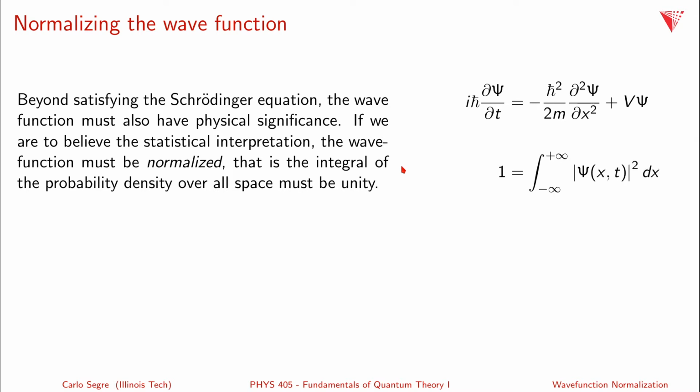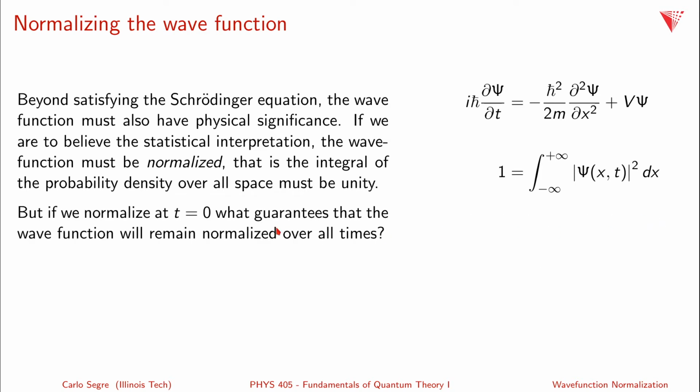And so that gives us an integral of the probability density, which is just modulus of psi squared, integrated from minus infinity to infinity dx equals 1. So this is a property that we must have whenever we have a physical wave function. If we can't normalize the wave function, it can't represent anything physical.